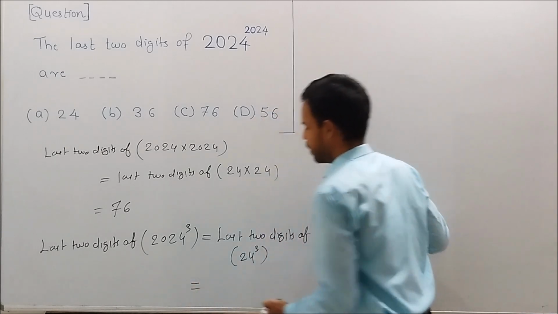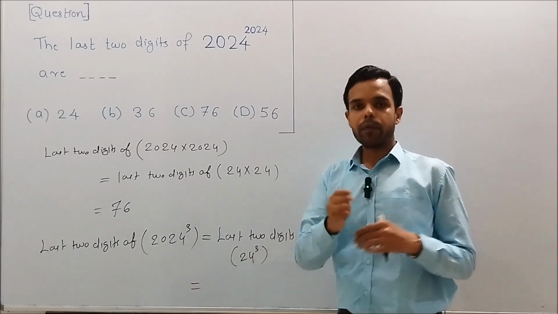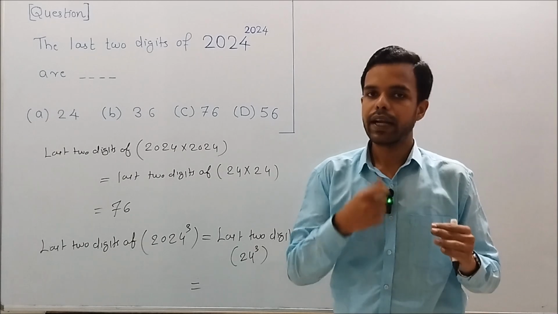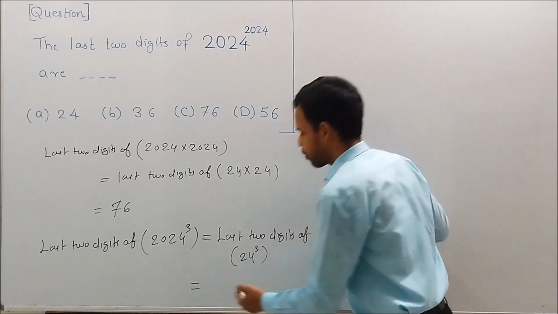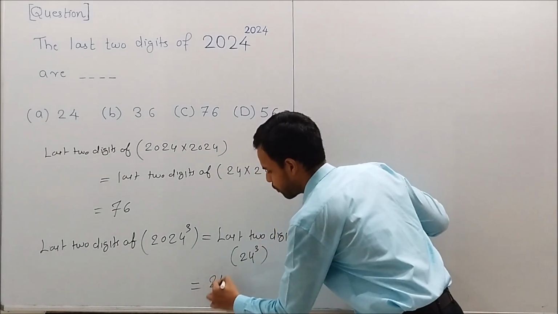You can verify that 24 cubed is 13,824, so the last two digits are 24.